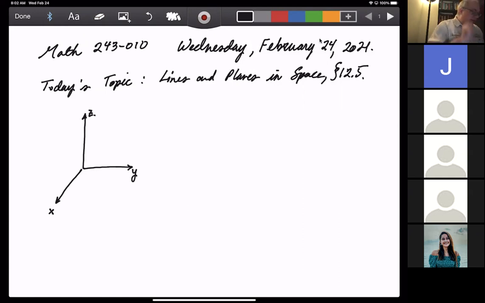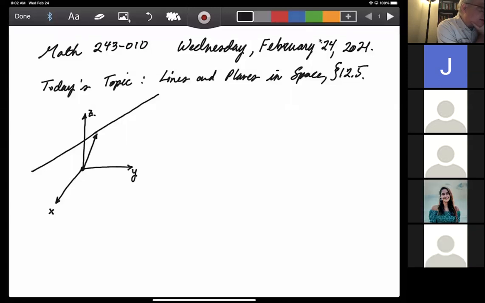Right, so imagine you have your coordinates in the background here, and you've got a line that lives in three-dimensional space. You can use a vector to go from the origin to some point on the line, and another vector to go to another point on the line. So say that's point P0, and this is point P1.